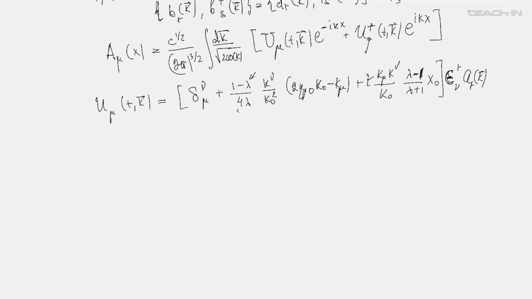The creation and annihilation operators satisfy boson statistics, and for them, therefore, we have the commutator of a_r of k with a_s dagger of k prime equal to minus eta_rs delta of k minus k prime.